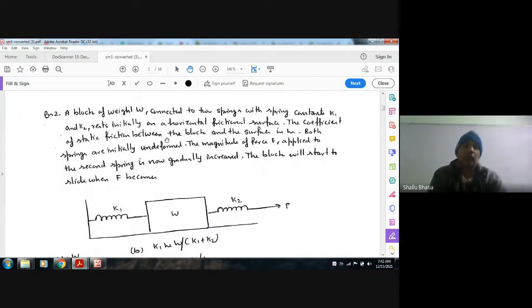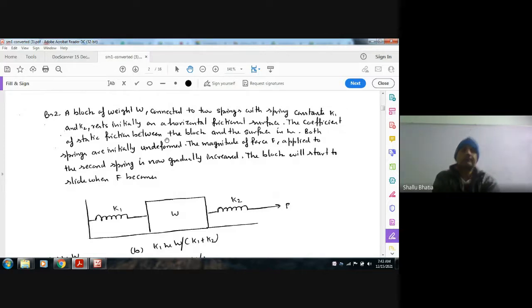Next, a block of weight W connected to two springs with spring constants K1 and K2 rests initially on a horizontal frictional surface. The coefficient of static friction between the block and the surface is mu. Both springs are initially undeformed. The magnitude of force F applied to the second spring is now gradually increased.